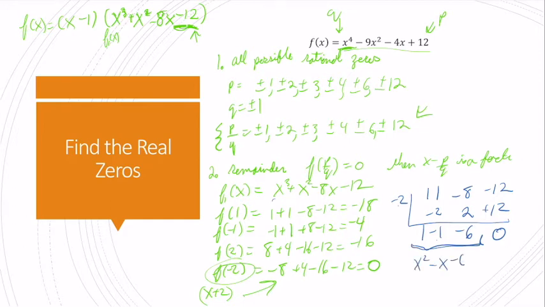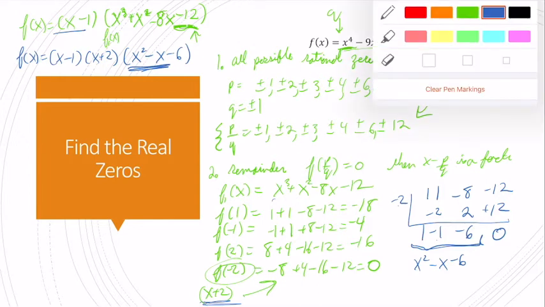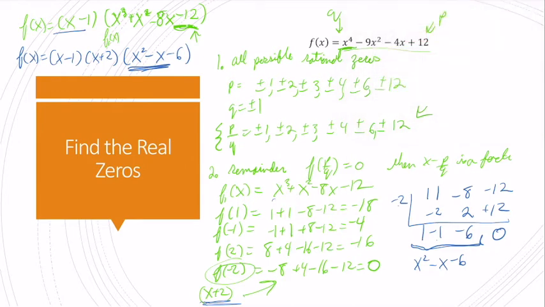So now I have f of x equals x minus 1, because we can't forget our original factor, x plus 2, and x squared minus x minus 6. Now I need to factor this quadratic. What are the factors of AC that add up to B?